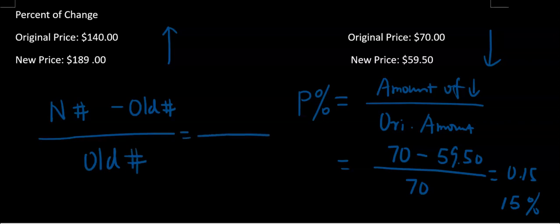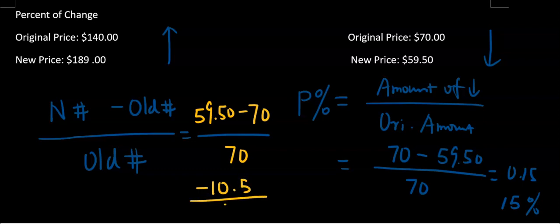Let me change the color so we can see better. New minus old divided by old. And we know we're going to get 59.5 minus 70. I'm going to get a negative number divided by 70.